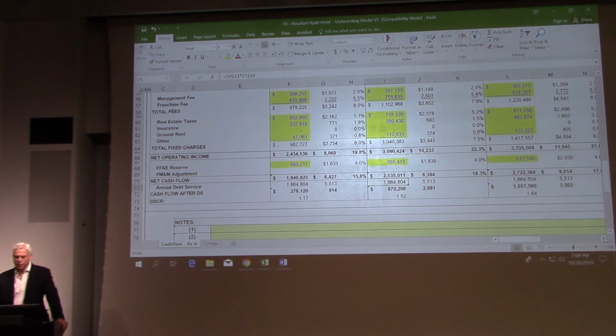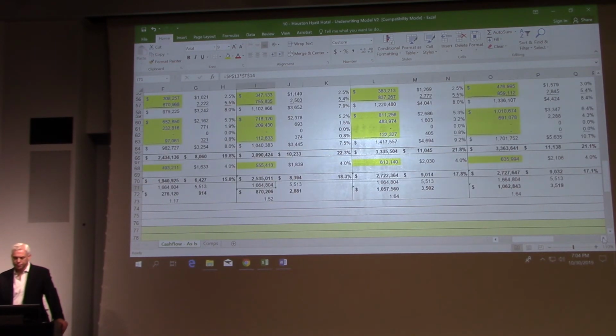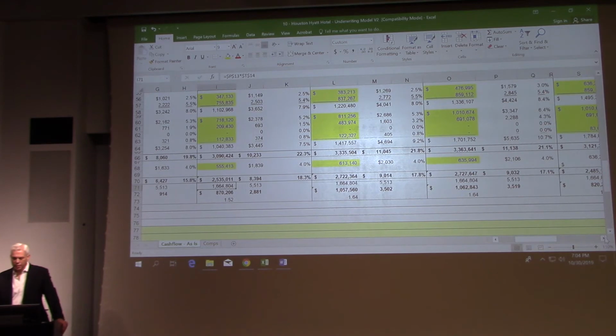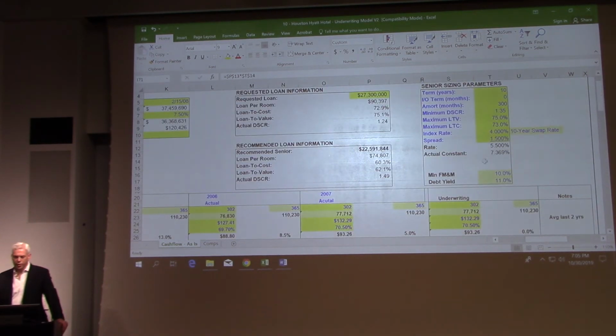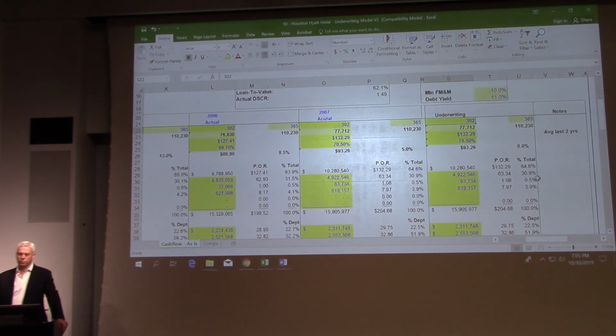So let's talk about loan sizing. I just want to orient you here. This is our underwritten column. When you get the model, everything that's in yellow, you're going to put a 0, you're going to say delete. And you're going to fill this in. So let's pretend that we did that, and this is the cash flow that we came up with.